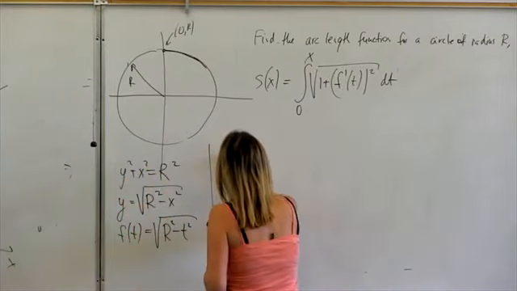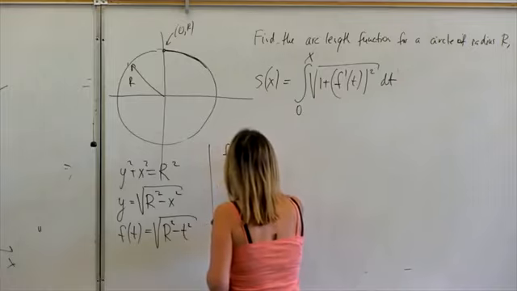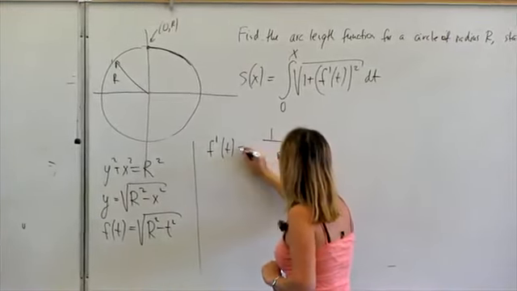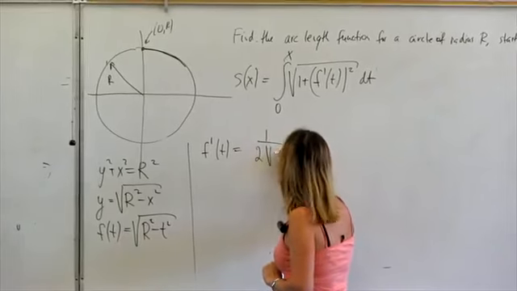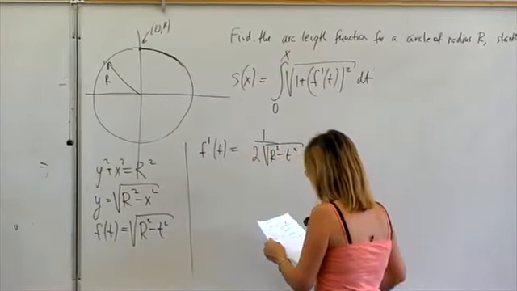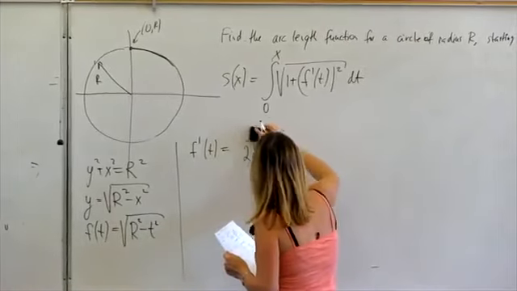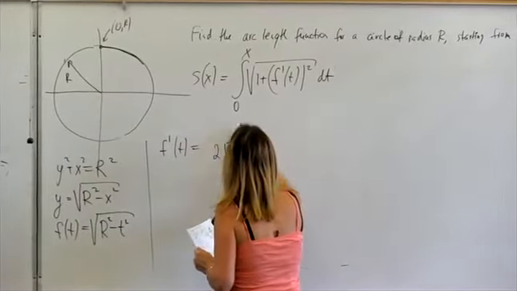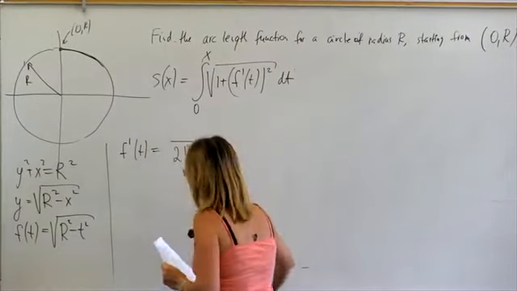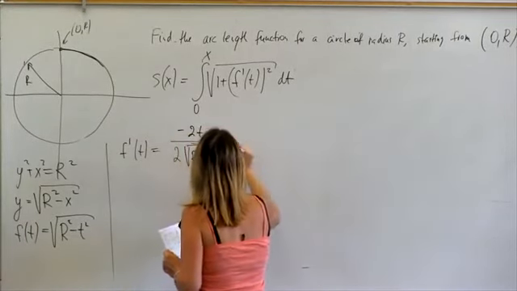Now I have to go through all the steps. Let's calculate f prime of t. I have to differentiate this expression with respect to t. So 1 over 2 square root of r squared minus t squared, and I have to use the chain rule, so I multiply by minus 2t.